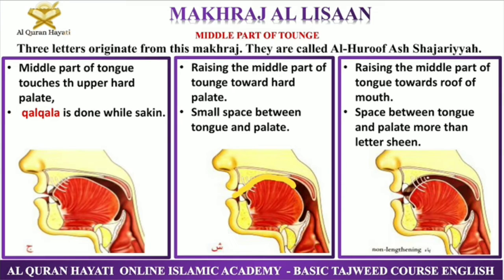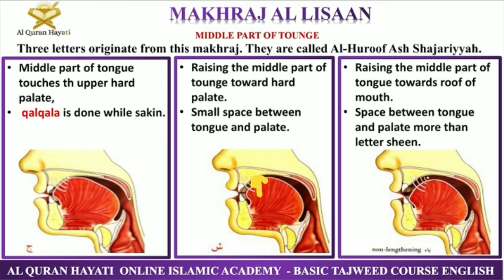How to pronounce it? The middle part of the tongue rises towards the upper hard palate with a little gap. It will not touch the upper hard palate. If you touch, you'll not be able to pronounce the letter sheen. The sound won't come out because you are not leaving any space for the air to flow out and strike your teeth and produce the sound shh, right?